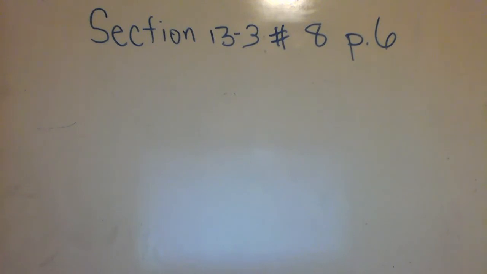Section 13.3, number 8, page 6. The question reads, what is the pressure of a mixture of helium, nitrogen, and oxygen if their partial pressures are 600 millimeters mercury, 150 millimeters mercury, and 102 millimeters mercury?